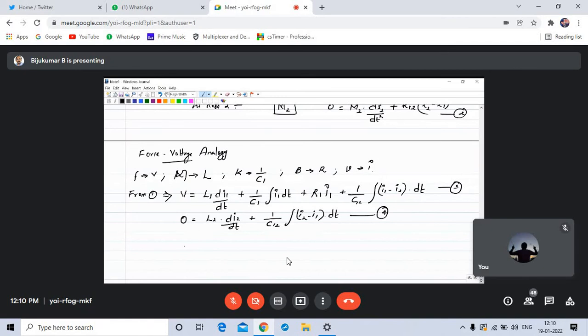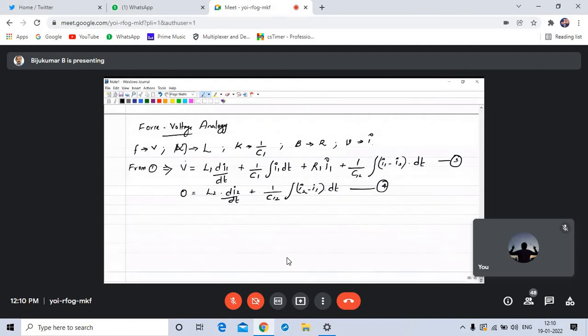How will you draw? You can see that this is a voltage, this is another voltage, this is also a voltage, this is a voltage, this is also a voltage, right? So all voltage. So applying KVL, we can draw a voltage source in series with an inductor L1 and a capacitor C1.